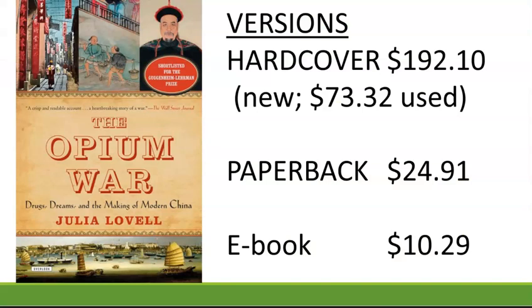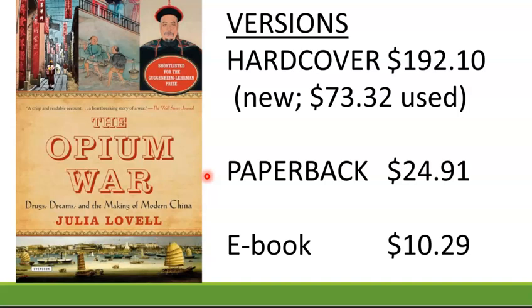My final example, you'll be familiar with the way that books are marketed. So I looked up this book called The Opium War. Subtitle is Drugs, Dreams, and the Making of Modern China. So this deals with the Opium War of 1839, lasted until about 1842.